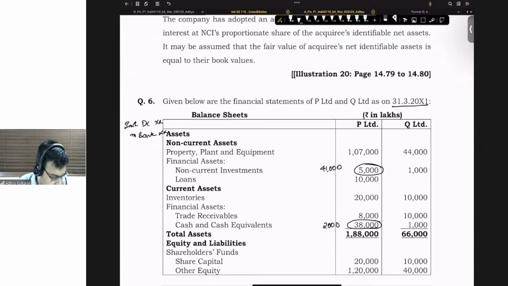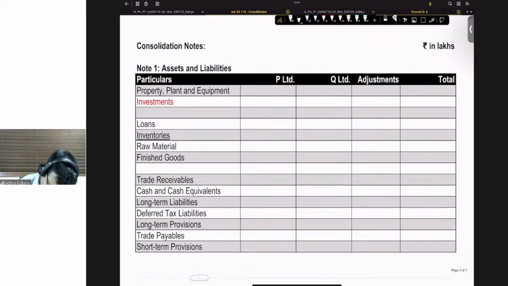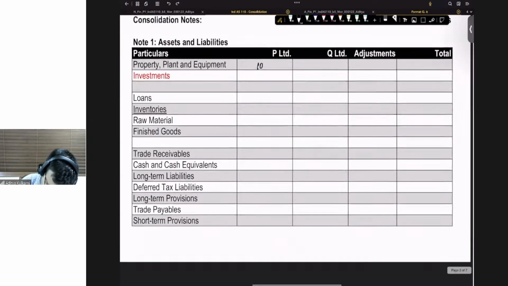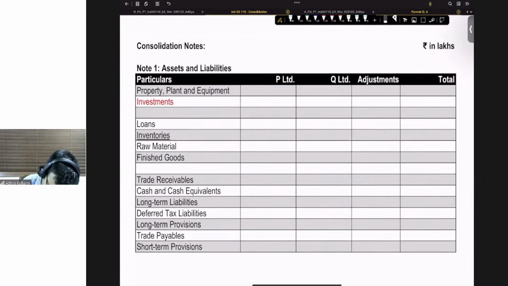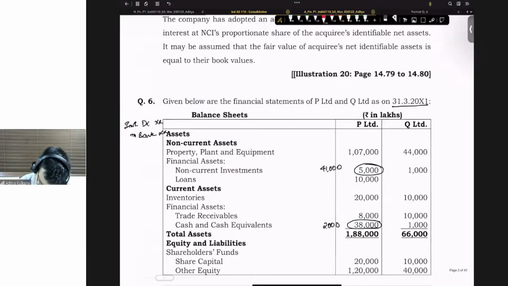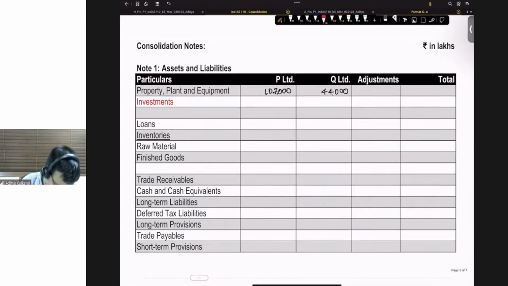PPE 1,07,000 and 44,000. So just write that. In all the problems you will see, we will be following the same approach. Investments, here it is appearing at 41,000.